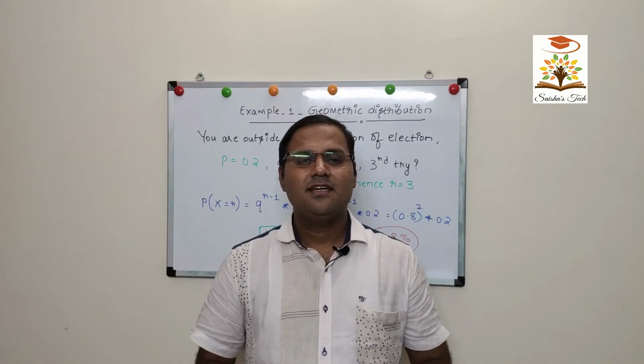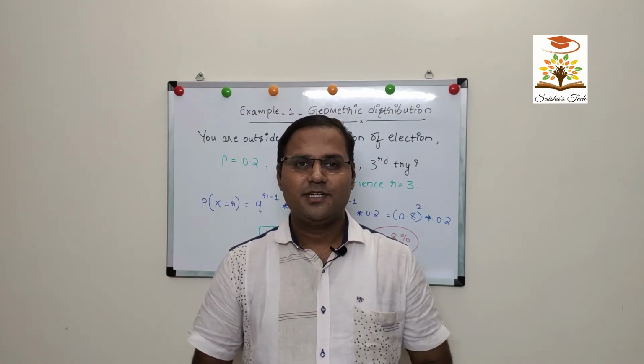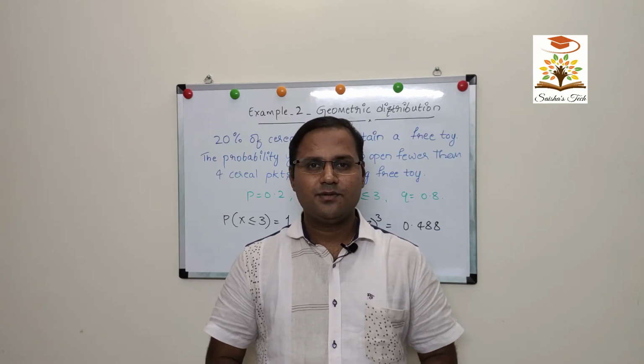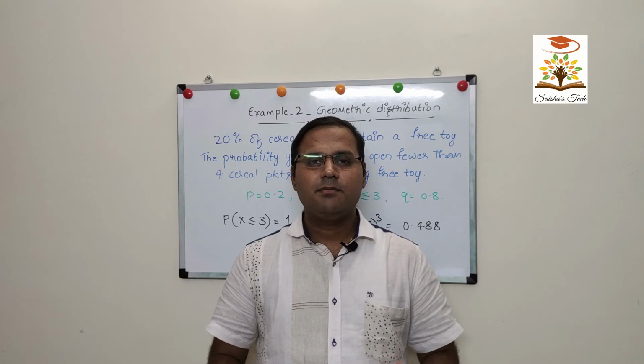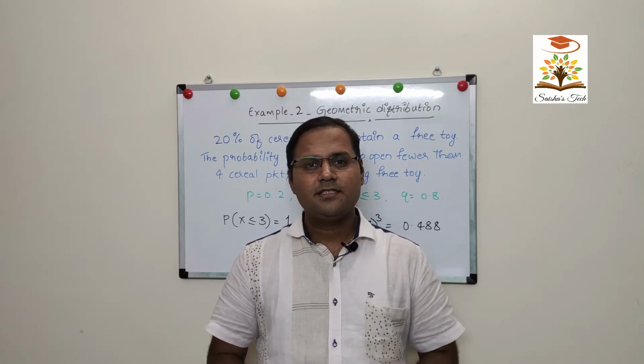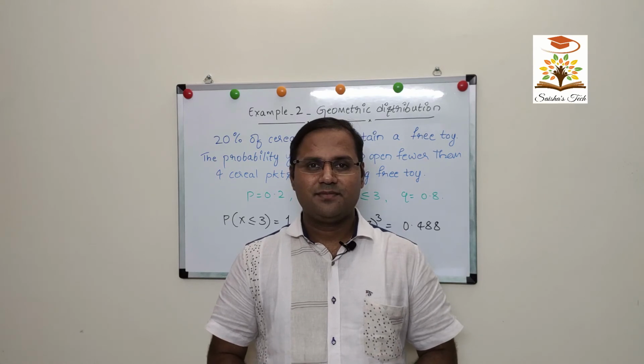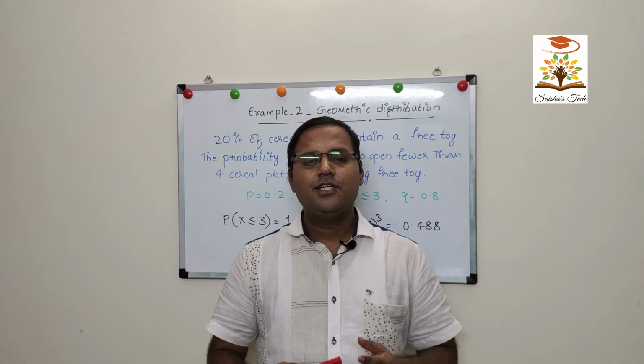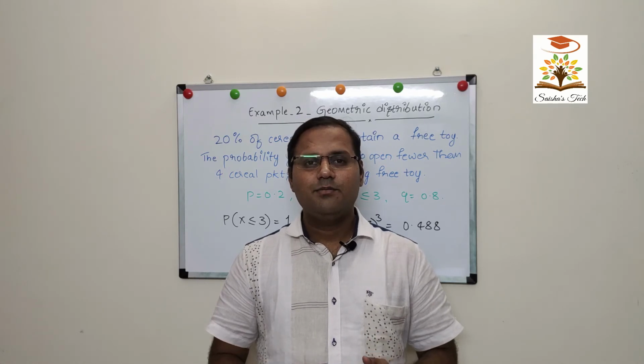Now let us discuss the second application of geometric distribution. Consider you are at a grocery store and you have cereal packets with free toys. 20% of the cereal packets contain a free toy. Now you want to identify the probability that you will get a free toy before opening the fourth packet.